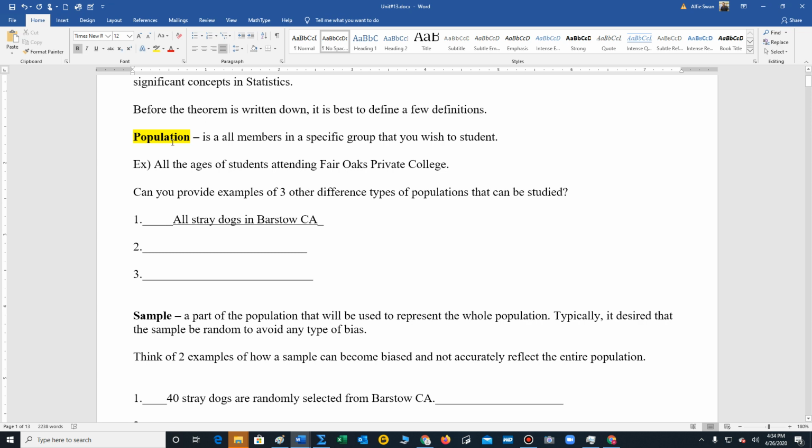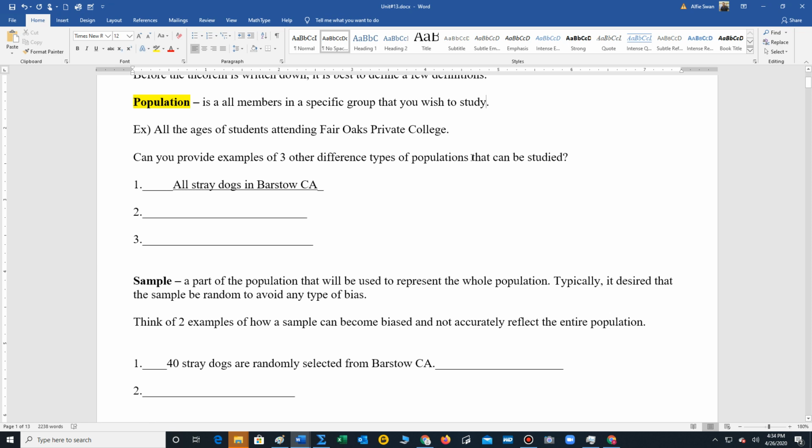The first definition deals with population. As we move into the latter part of statistics, we're going to be working with what are called populations, and the population is all members in a specific group that you wish to study. An example would be all the ages of students attending Fair Oaks Private College.